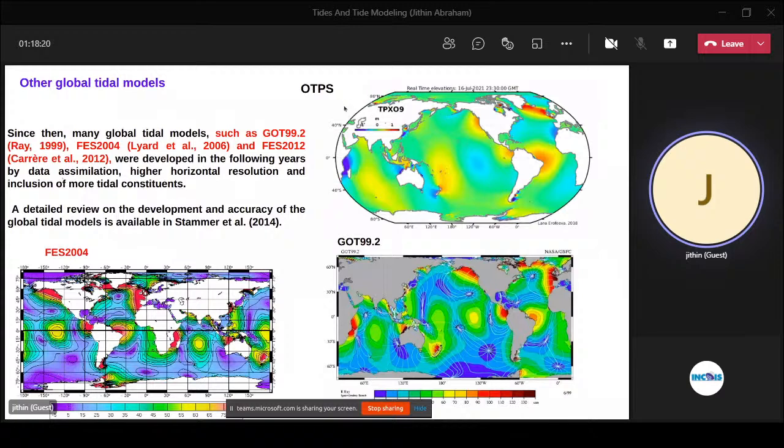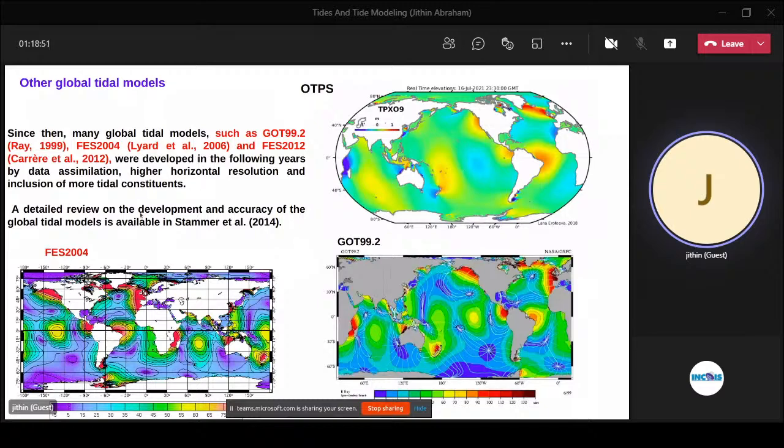This is the tidal amplitude prepared from the OTPS software. There is a software called OTPS, or OSU Tidal Prediction Software. We can download that OTPS software and use the TPXO data to generate the tidal amplitude and tidal currents anywhere in the global ocean.